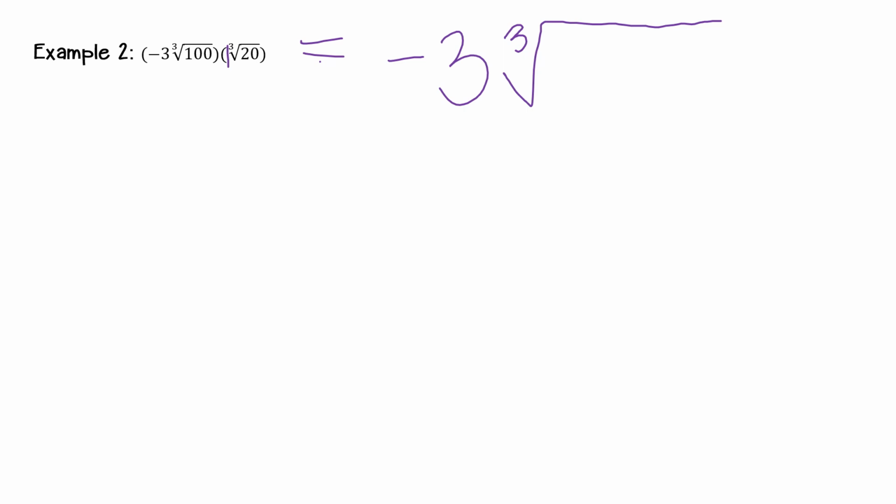And then I can multiply 100 times 200. Now, some students are going to actually multiply the 100 times 200 and write that big number under here. That's totally fine. But if you do that, that would be 20,000. Then students struggle with, okay, well, what do I break that down into?